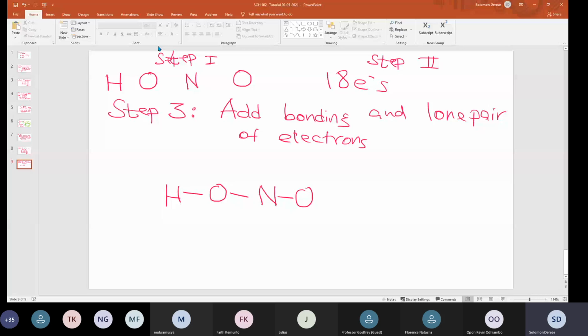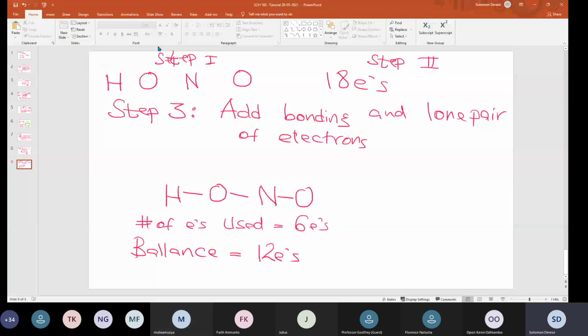The number of electrons used is 6. The balance is 12. Okay, the balance is 12.